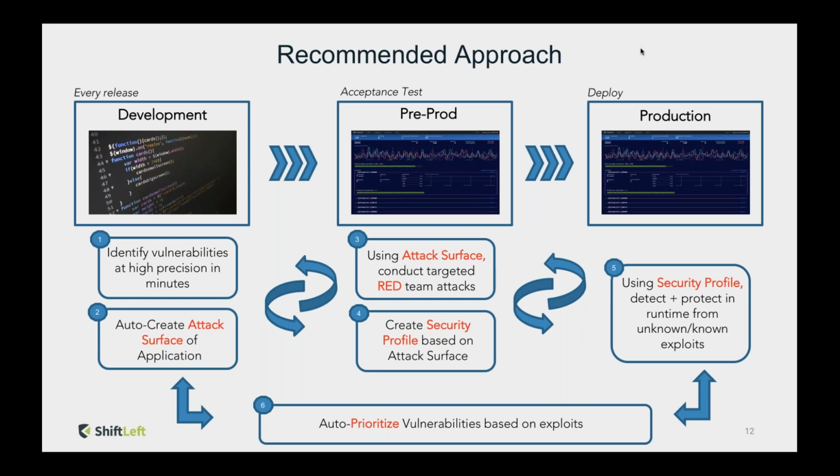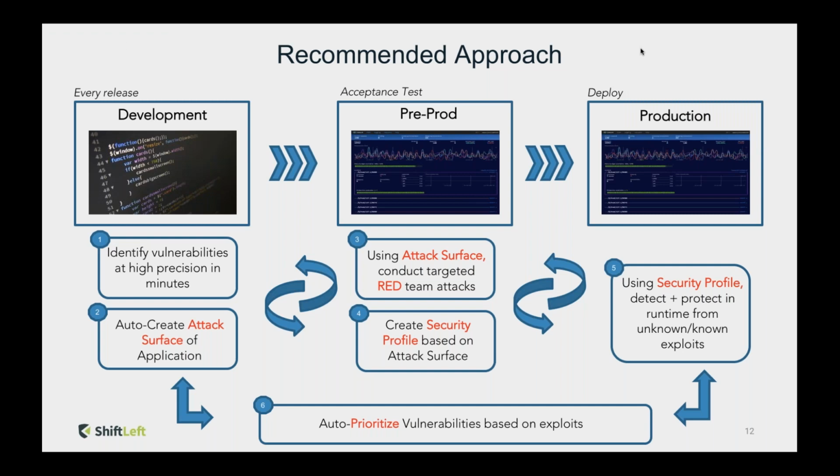The second part is having the capability of taking and analyzing those insights created by these engines and auto-creating an attack surface of the application. Because in the next step, which is during acceptance tests and pre-prod, this attack surface can be used by your red team to conduct targeted attacks on your application in order to validate those vulnerabilities.